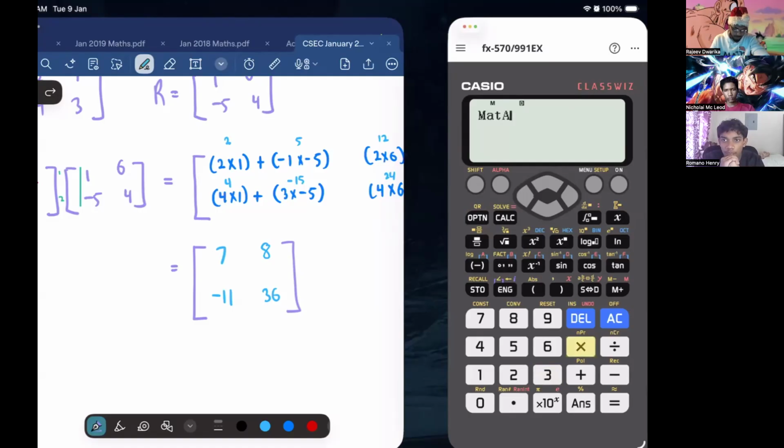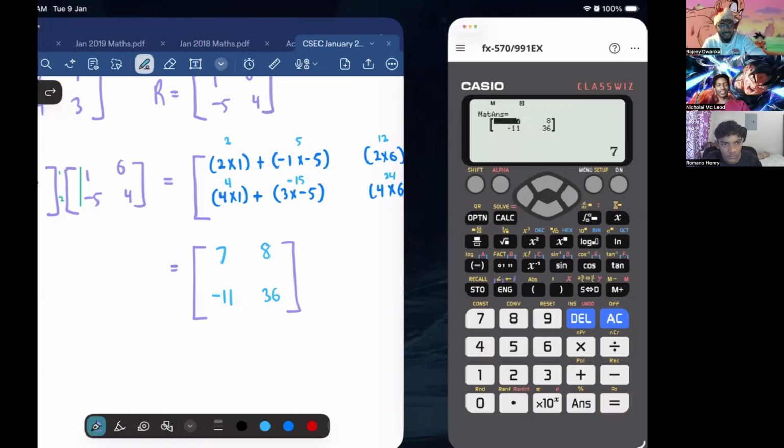Then you're going to press multiply. Then you're going to press OPTN again. Then you're going to press 4. You should see MatA by MatB. Press equal. Okay, now I get it.